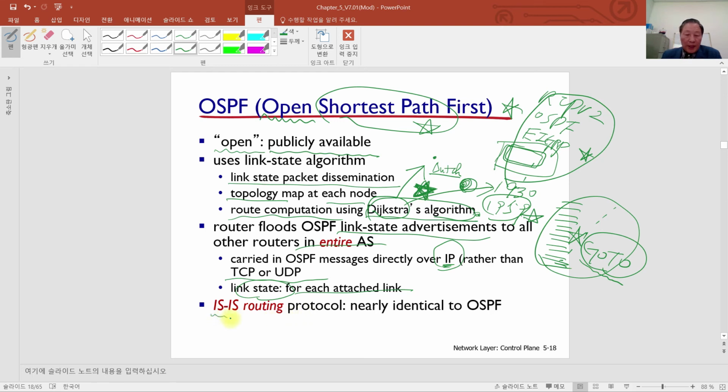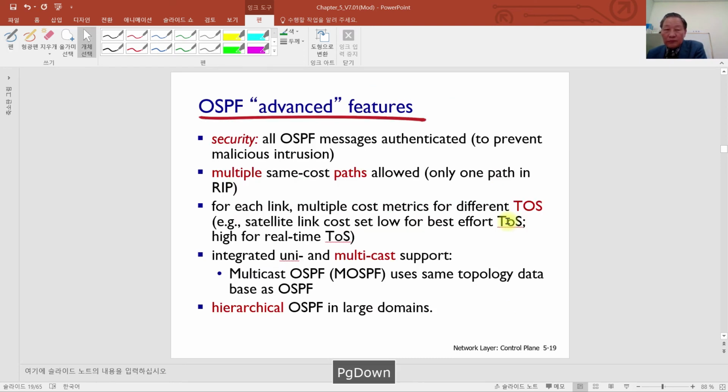Here, the intermediate system to intermediate system routing protocol is nearly identical to this OSPF. Okay, this one introduces advanced features compared to the basic Routing Information Protocol, RIP or RIP version 2.